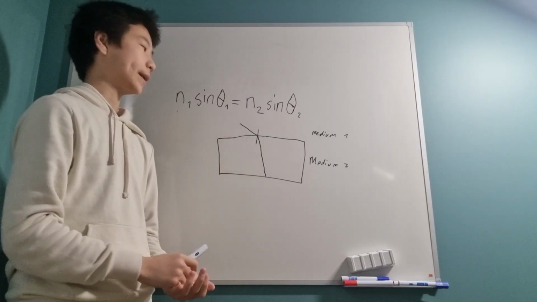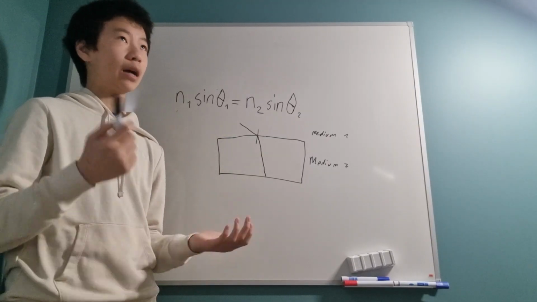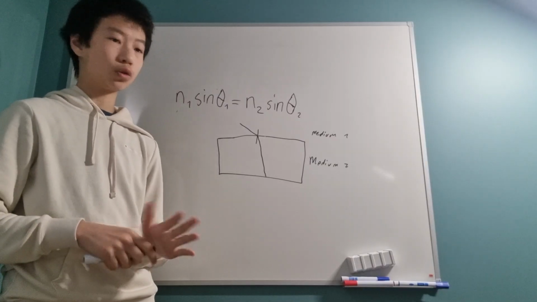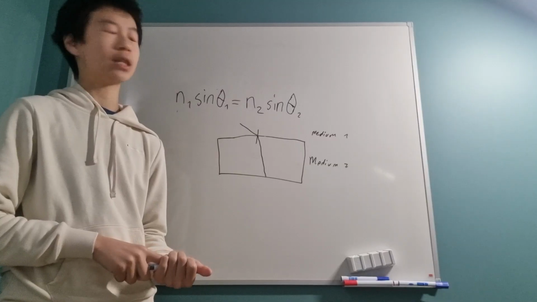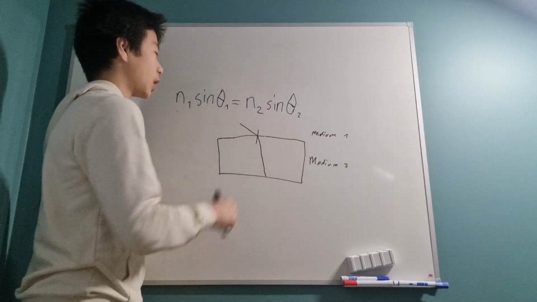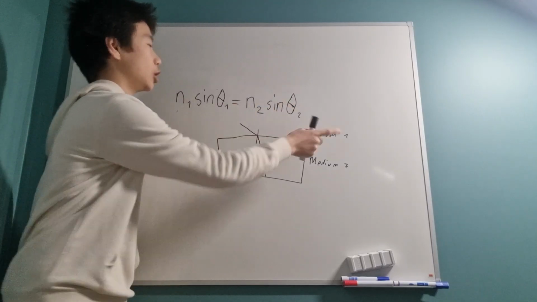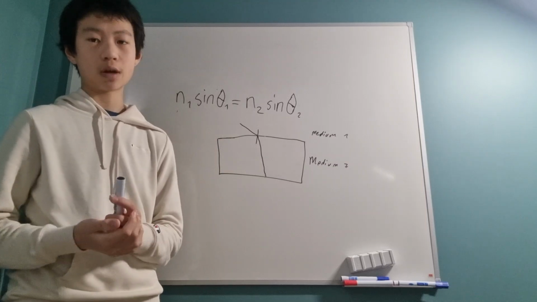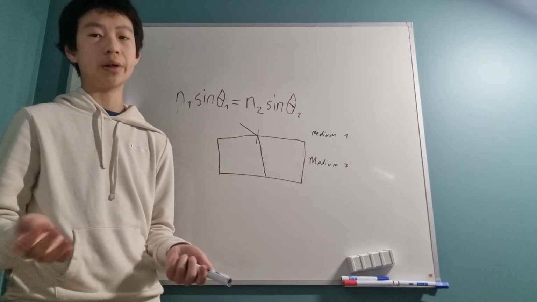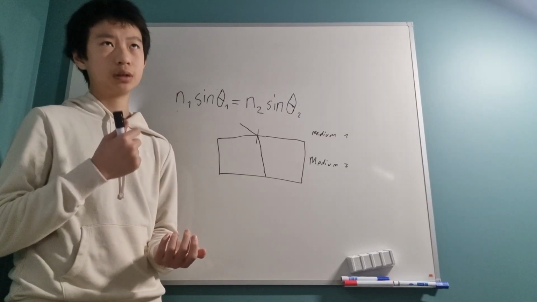So firstly, let's think of any algebra. Usually, if there's only one unknown and everything else is known, it's very simple to answer. Same as here. If we, for example, know the refractive index of the first medium, let's say this is air again. The refractive index of air is about 1.0003.